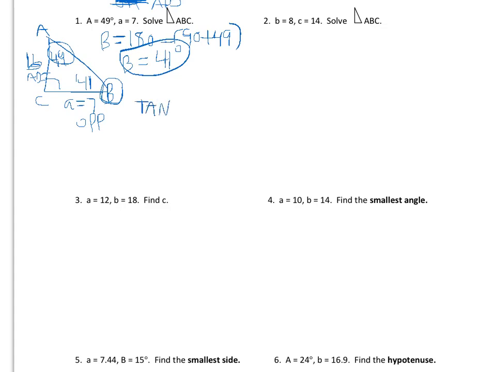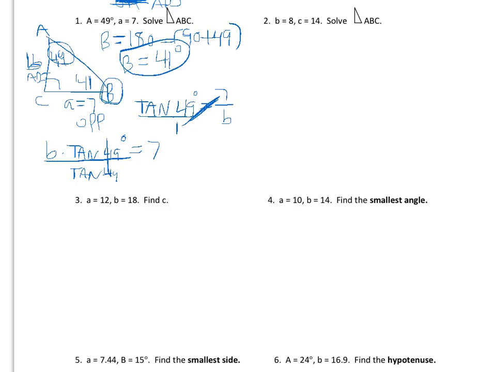So tangent of 49 degrees equals opposite over adjacent, so it's 7 over b. And you wind up cross-multiplying. You could put this over 1, so you get b times the tangent of 49 degrees equals 7 times 1, which is 7. So you wind up just taking 7 and dividing it by the tangent of 49.